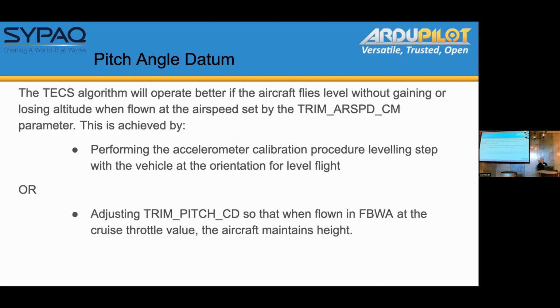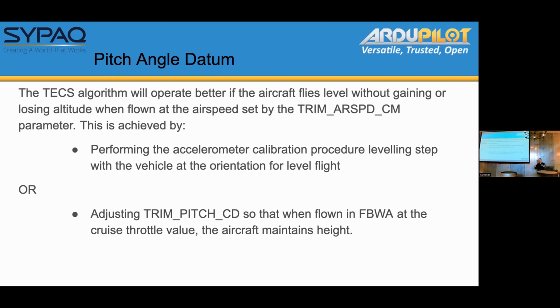Okay, so the question is, there are 2 schools of thought for setting pitch angle datum. Which would you recommend? Personally, because I'm trying to also do other things like datums for camera systems on the aircraft, and trying to jig an aircraft to get a camera to align, I personally use trim pitch CD because I want a consistent mechanical datum, and I'd rather have that as the basis to get consistent results for the setting.